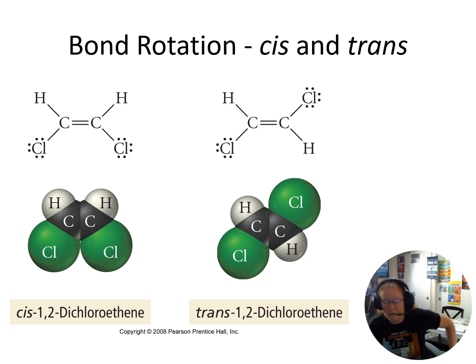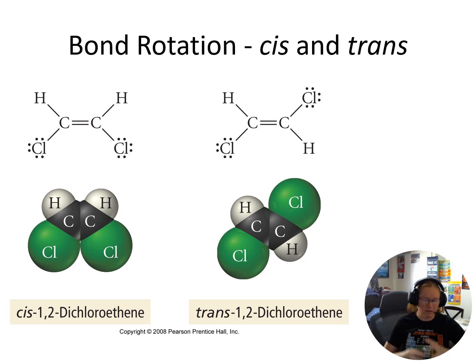Some stuff will synthesize and it will fall out in one isomer. Other times it'll fall out in a mixture of the 2 isomers. If we have a 50-50 mixture, we usually call that a racemic mixture. And this is very important because when we have different types of isomerization, we can get these cis and trans isomers, we can get optical isomers, all sorts of things that when we synthesize something, let's say it's some sort of medication, and there's an active site in the body.